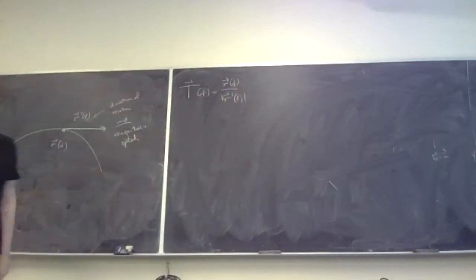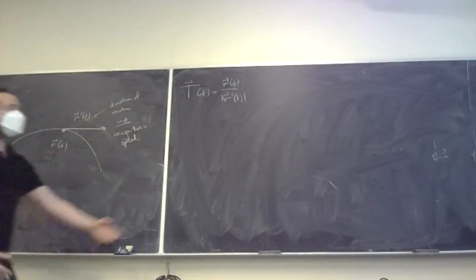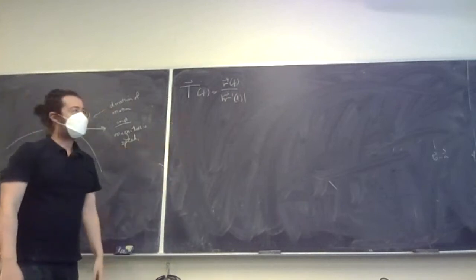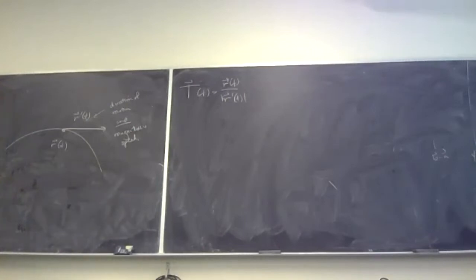So what is that? I've taken this vector, but now I've divided it by its length. So what information is left over when I do that? If I take a vector and divide the length away, so I've got a unit vector, what information is left?